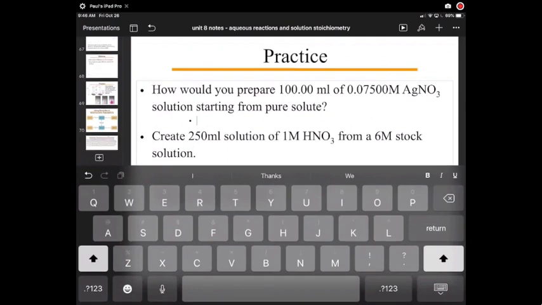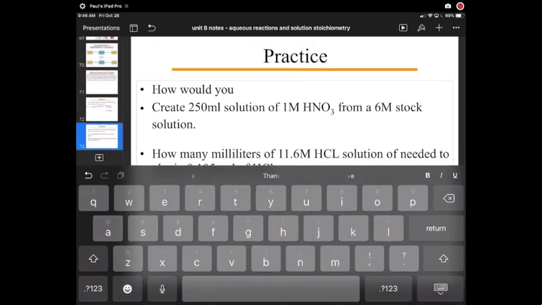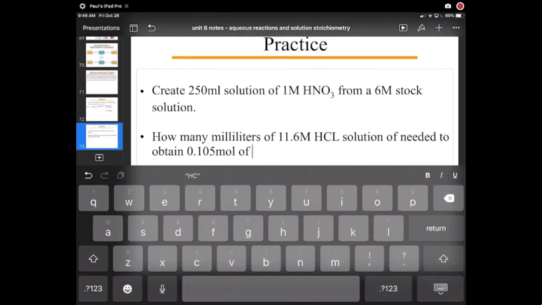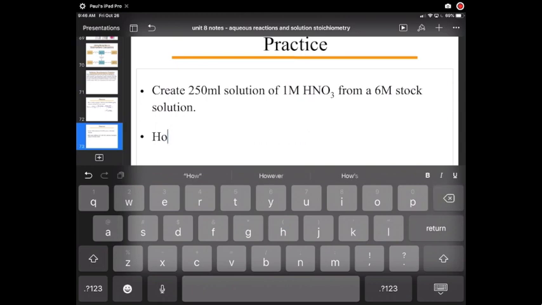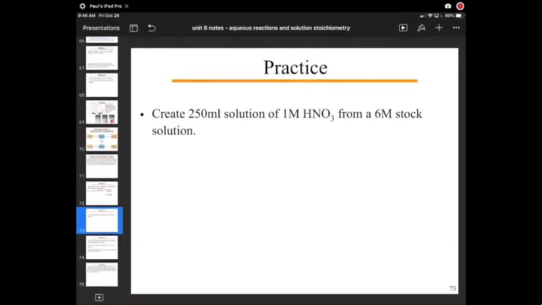All right, so, next thing. Create a 250 milliliter solution of a 1 molar nitric acid solution from a stock solution that is 6 molar. All right. Is this a conversion type of problem, or is this a different kind of problem?